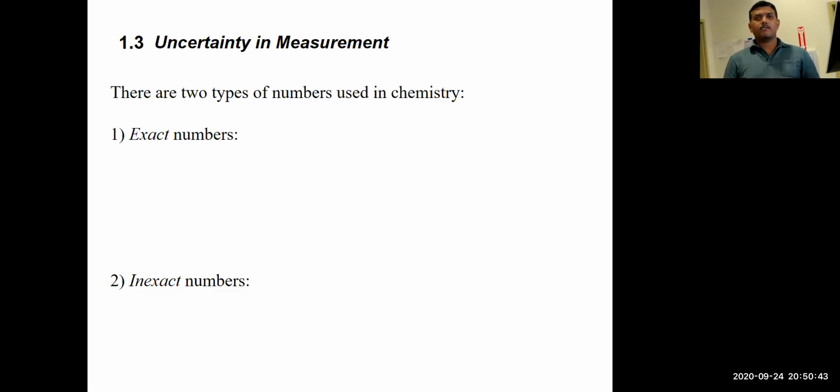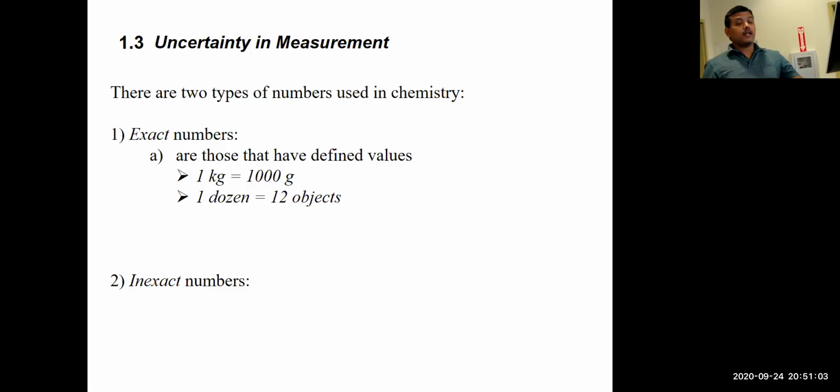An exact number is any number that you can count just by looking at it. For example, if you look at my hand here, you will see 5 fingers. How do you know? Because you are currently looking at it and you are able to separate one from another. So these are called exact numbers because there is no ambiguity in it. Another type of exact number is one that is part of a definition.